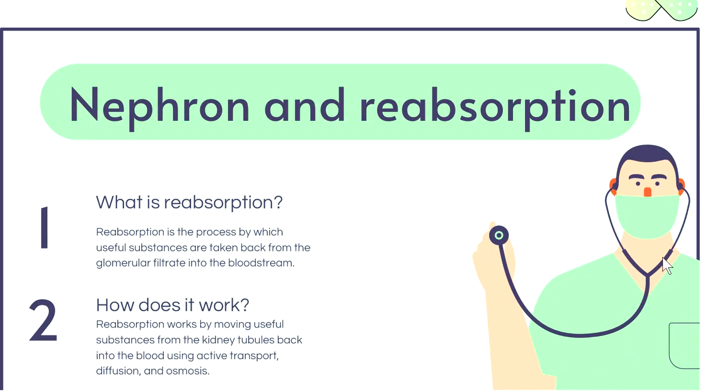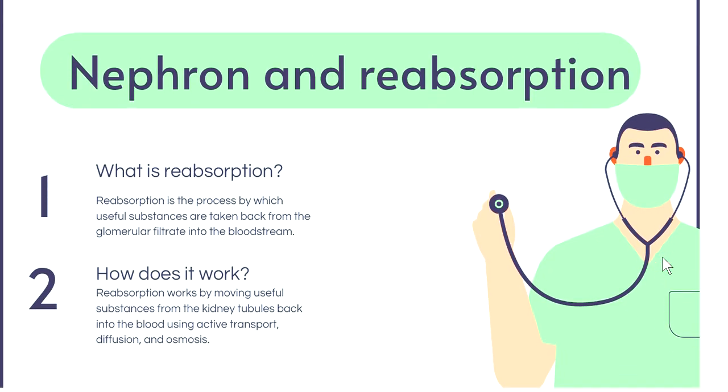Then another very important thing which we have to remind ourselves is, what is reabsorption and how does it actually work? So, reabsorption is a process by which all the useful substances are taken back from the glomerular filtrate into our bloodstream.